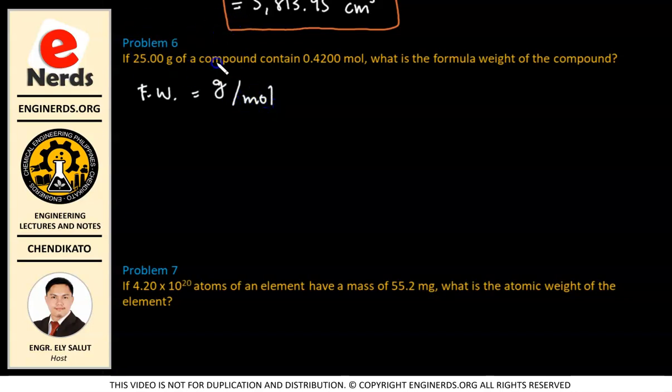In our given here, we already have the mass in grams and the number of moles. So we can easily get the formula weight just by dividing the numbers. We'll have 25 grams divided by 0.42 mole.